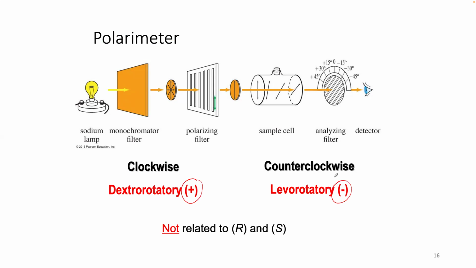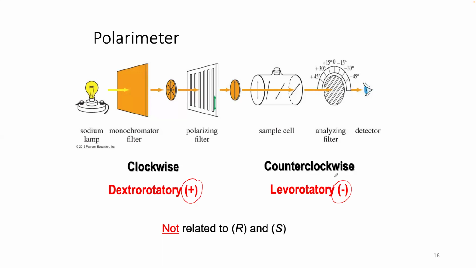The R and S system was invented by people. We devised that system so that we can identify the two enantiomers, one is R and the other one is S. So it is not a property of the molecule, but the rotation of plane polarized light is an inherent, intrinsic property of the molecule.